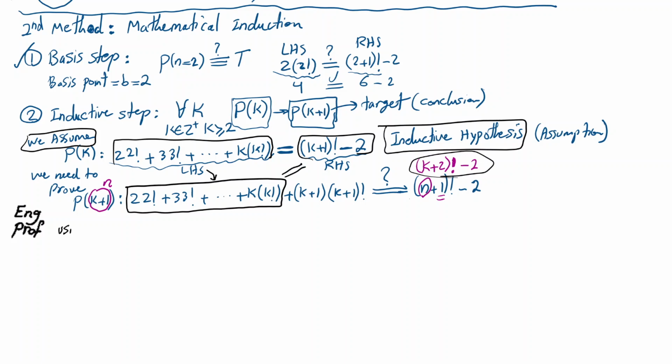So I'm just using the inductive hypothesis or assumption, then this portion is simply k plus 1 factorial minus 2, and we're going to keep this as it is. So plus k plus 1 times k plus 1 factorial. So that is our target left hand side.